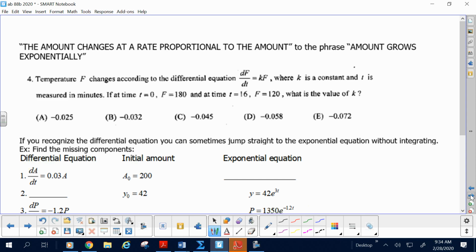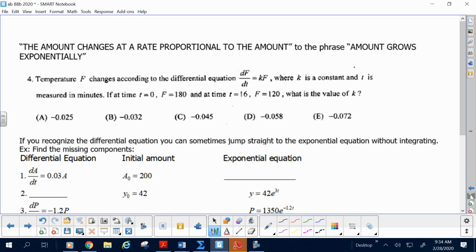Now, when you see that statement, that amount changes at a rate proportional to the amount, you should understand that that is equivalent to exponential growth and avoid all the middle stuff. So now, consider this pretty common free response or multiple choice. They say the differential equation is df dt equals kf.